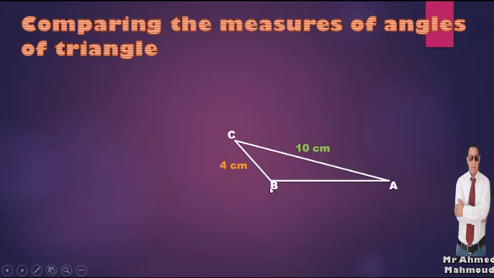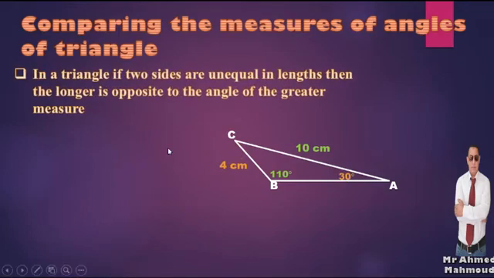If he gives me angle B equal to 110, for example, and angle A equal to 30 degrees, then we get that the big side 10 is opposite to the bigger angle 110 and the smaller side 4 is opposite to the smaller angle 30. Again, the bigger side is opposite to the bigger angle and the smaller side is opposite to the smaller angle.